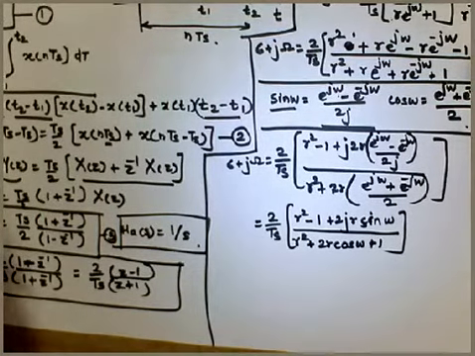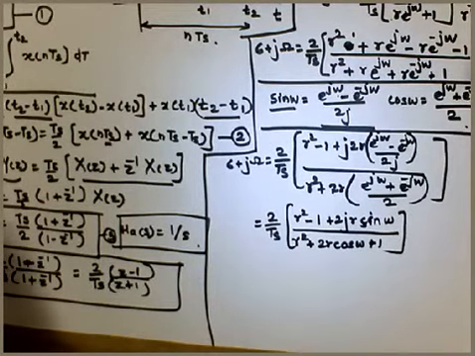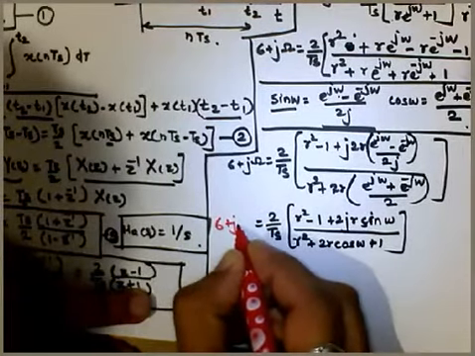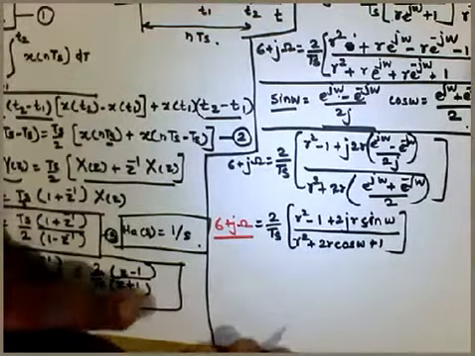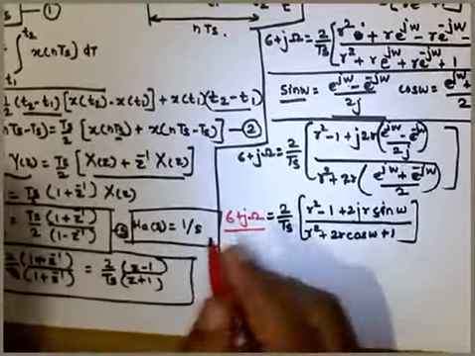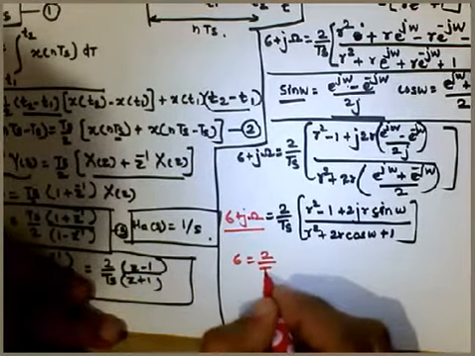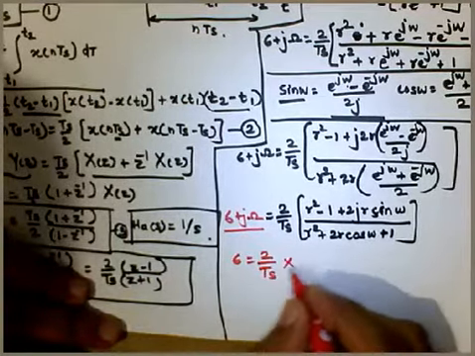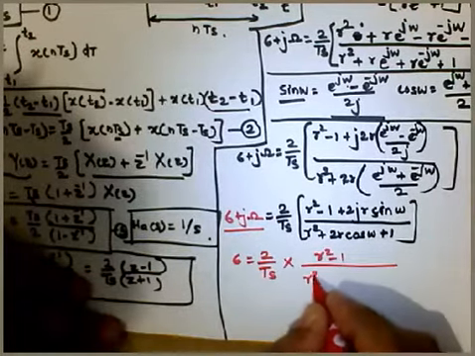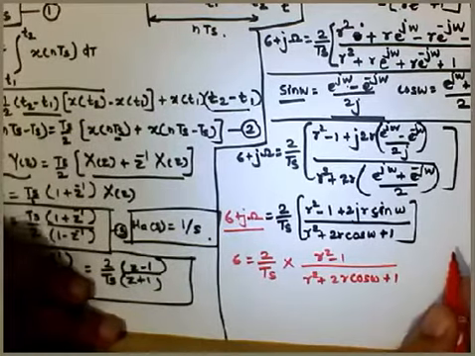Now let's compare with the left hand side, sigma plus j omega, to get the real and imaginary terms. Sigma will be equal to 2 by Ts into (R square minus 1) by (R square plus 2R cos omega plus 1).